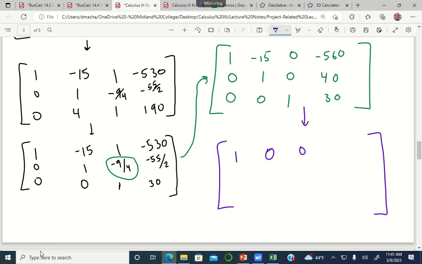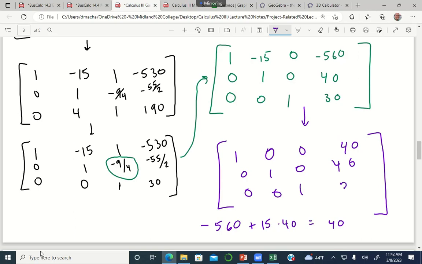Negative 560 plus 15 times 40 is the last math problem that we have to do. I think it's 1,400. So 15 times 40 should be 600. 600 should be okay. Plus, okay, there we go. Ha, 40.